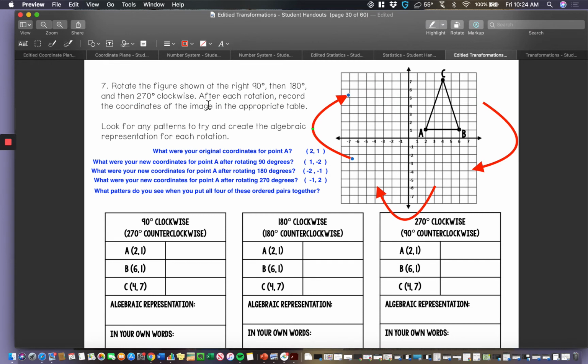Also, you can remember that your quadrants have certain values for your x and your y. For example, in quadrant 1, your x is positive and your y is positive.